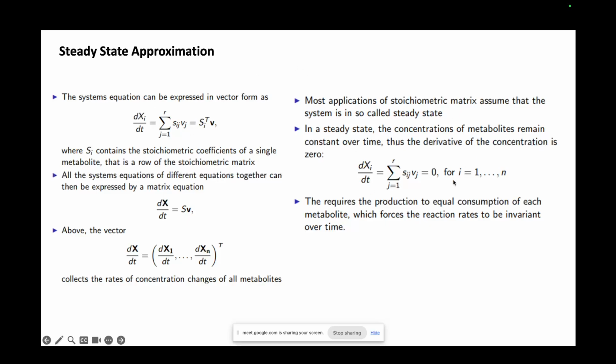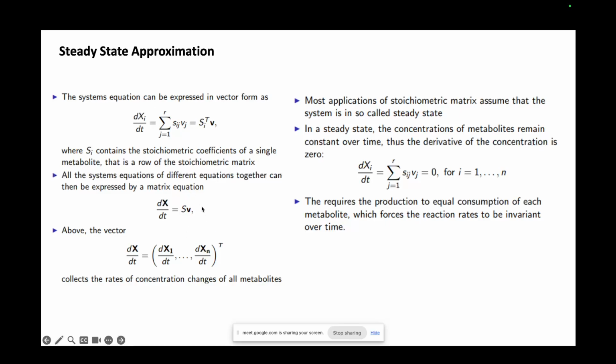So this is the final equation for this. dxi/dt, where xi denotes each of these individual metabolites, is basically 0. Now where does this Sv come from? That is something we'll discuss here. If you consider dx/dt, all the system's different equations together can be expressed in matrix form.